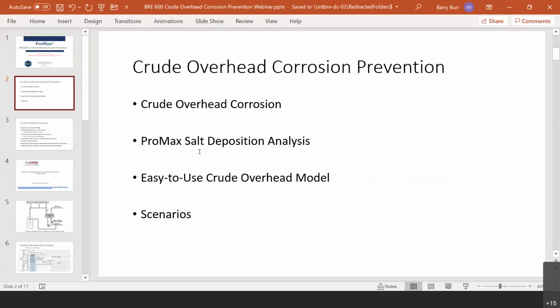It started with the release of ProMax 5.0, which is our ProMax salt deposition analysis. And then we'll discuss the main aspects of this crude overhead simulation using ProMax, that it uses the salt point or the salt deposition analysis, but it's been configured so it's really easy to use.